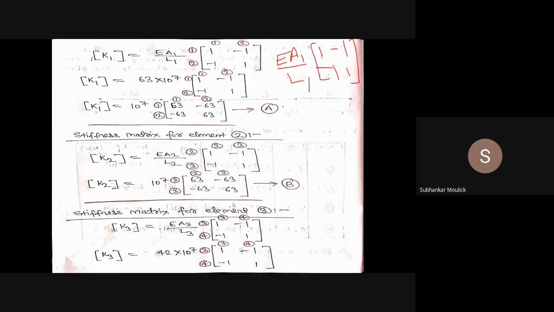So the first row will become 2, the second row will become 3, the first column will become 2, and the second column will become 3. That is equation number B. Again, the final expression becomes 10 to the power 7, 2 cross 2 matrix, 63, minus 63, minus 63, 63. Is it clear till equation number B?